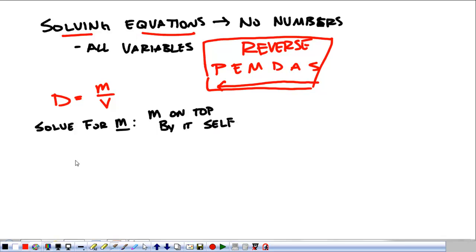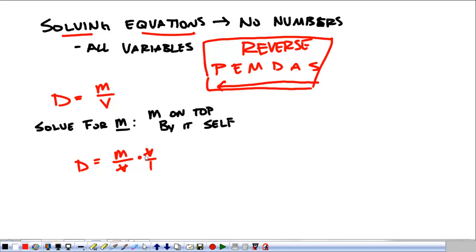So, let's take our formula. D equals M over V. Now we have to think of something that we can do to get rid of this V. Now if we multiply this by V over 1, the V's will cross out. And then get rid of the V's and the M will be all by itself.